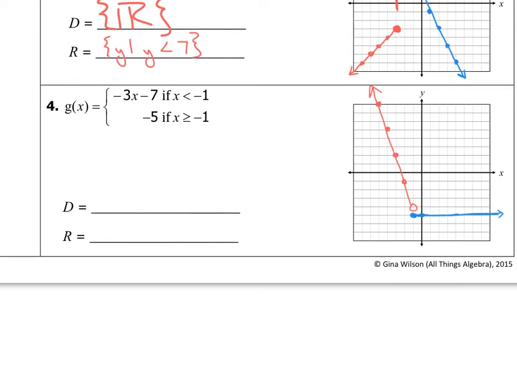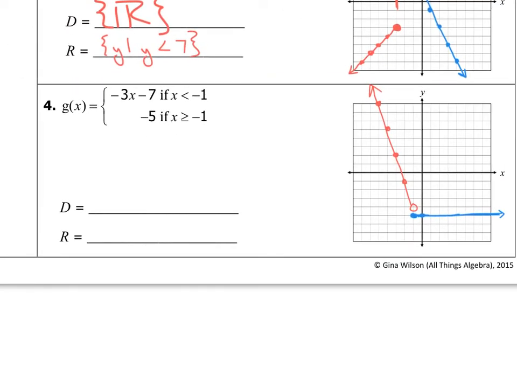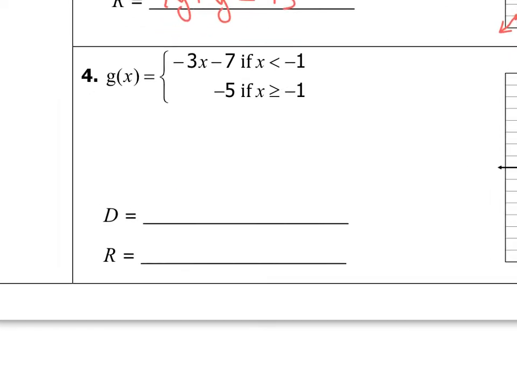Top one's the red one, the bottom one is the blue one. If we look at our domain again, if you scan from left to right, on the left-hand side it's going to continue to keep going up and to the left. It looks like it skips, but actually because of that dot right there, it's going to keep on going, and it keeps on going to the far right. So our domain is, once again, all real numbers.